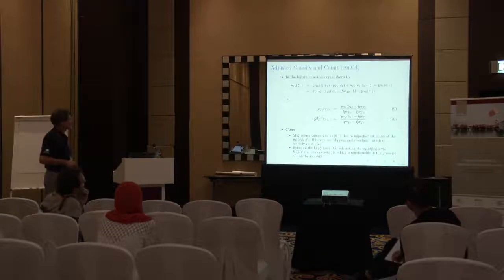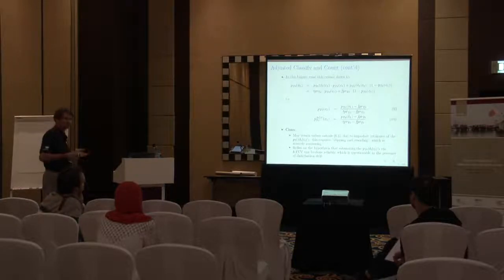Since we don't know the real false positive rate on the test set, we can estimate it, and we use as an estimation the one that we have computed by k-fold cross-validation, which is the false positive rate from the training set. So this is essentially our so-called adjusted classify and count method.